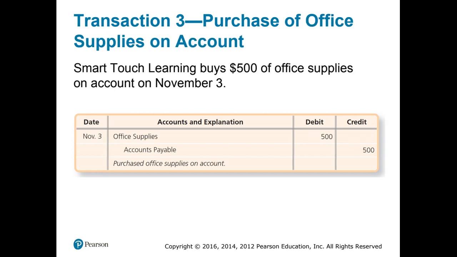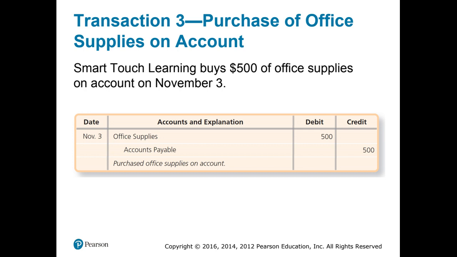And then we buy $500 of office supplies on account. On account is like on credit, right? We bought it on account, so we have not yet paid the cash out. So that means we're going to have an account payable. So we receive the supplies. Supplies increases with a debit because it's an asset.